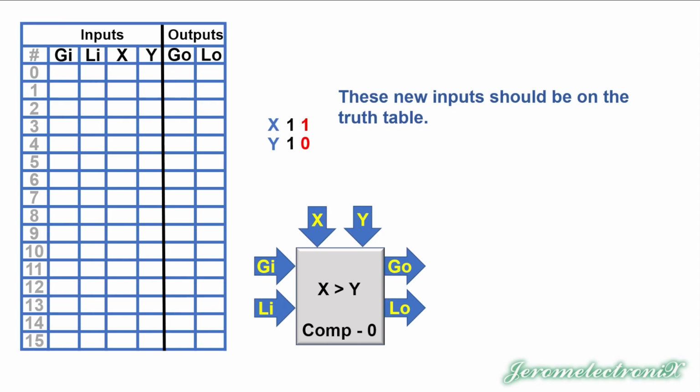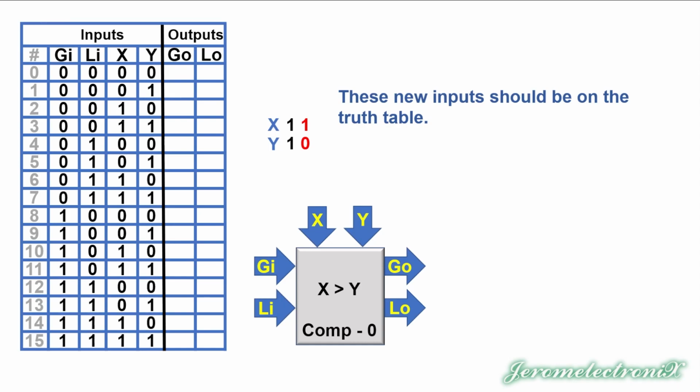I'm going to just count the rows in binary so that we can ensure that we have every possible combination of these 4 inputs. And then I'm going to start populating the outputs for what I think should happen in every instance on every row.